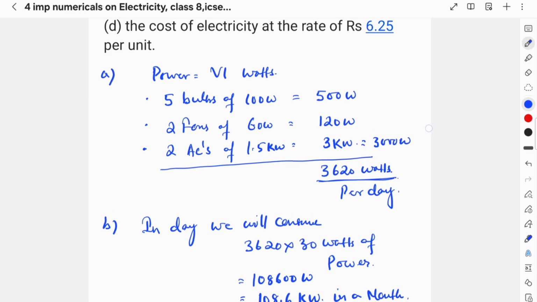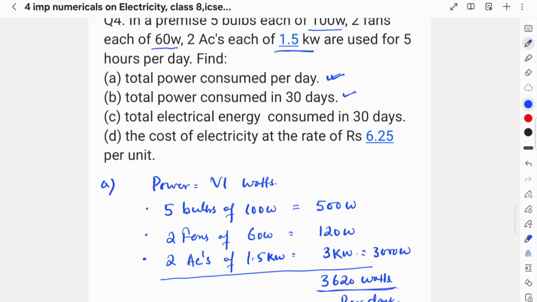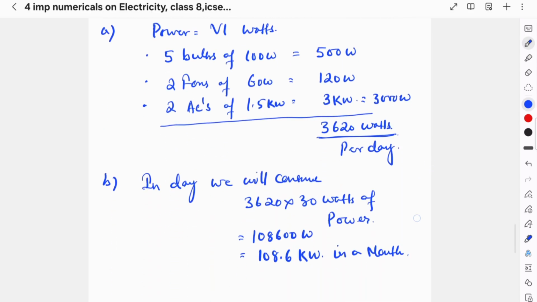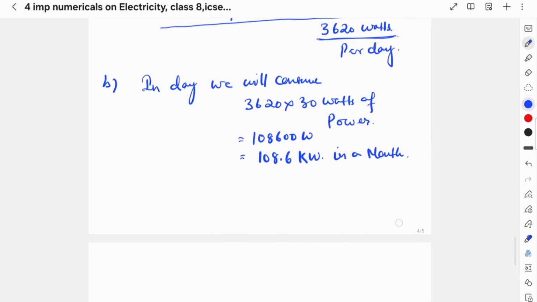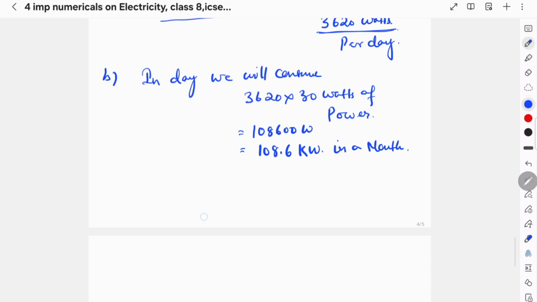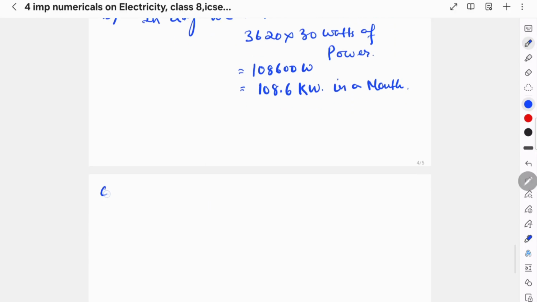Now let's see the part C, what they're asking. Total electrical energy consumed in 30 days. Okay. So now let's come to the part C. So we have to find the electrical energy consumed in 30 days.